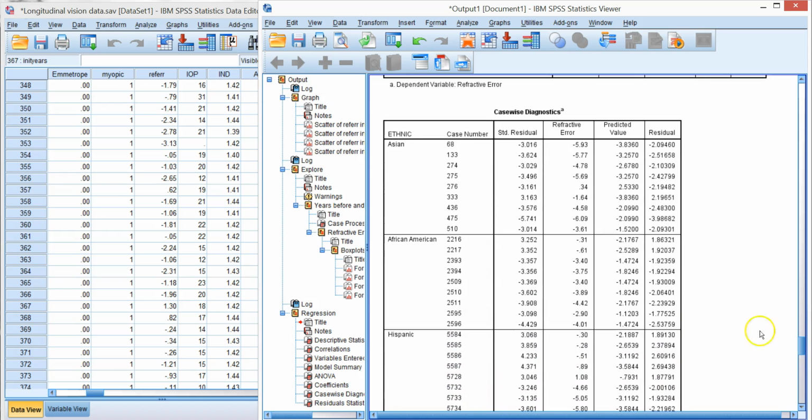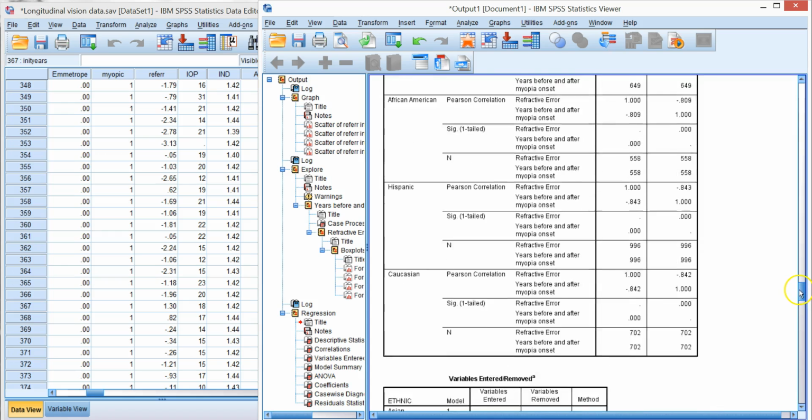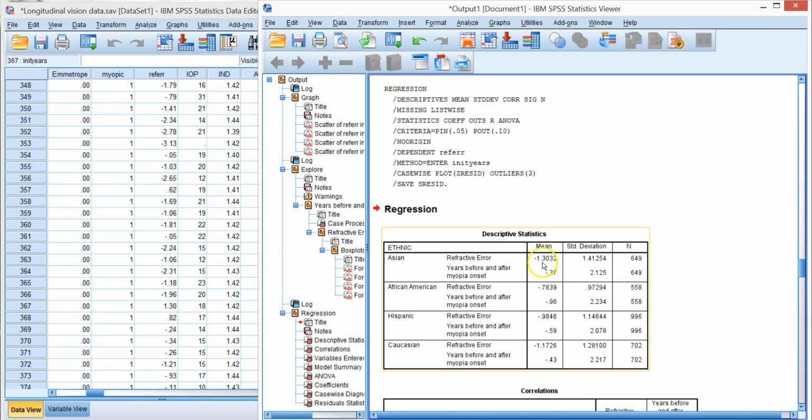So here we have our case-wise diagnostics. This shows which observations are outliers. Case number 68 is at -3 standardized residuals. So this would be an outlier. We could go in and replace the refractive error for number 68 with the mean plus 3 times the standard deviation.